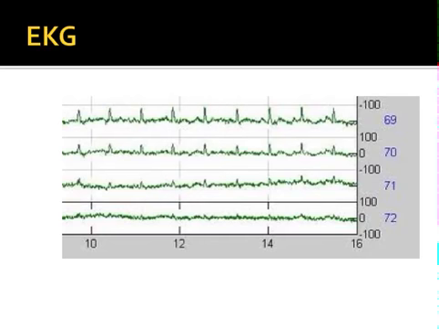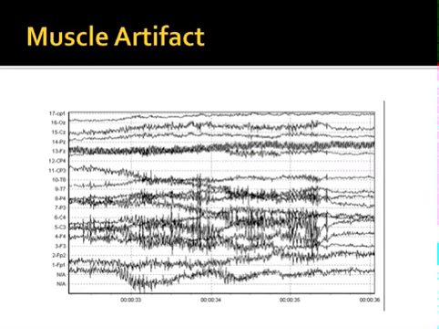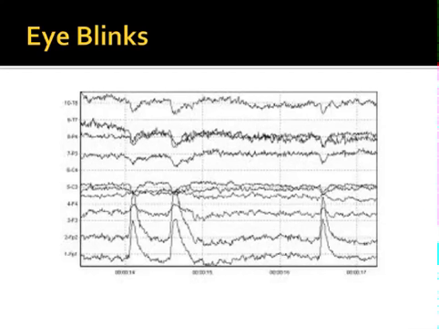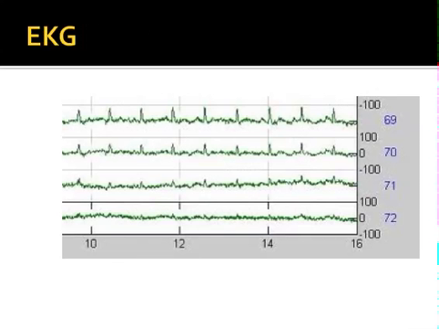So if we think about what all of these artifacts have in common, and we can page back and let you have another look. The one thing that they all have in common is that they are significantly higher amplitude than the background EEG. Some of them, like the EKG, are fairly temporally repeatable, almost cyclical.